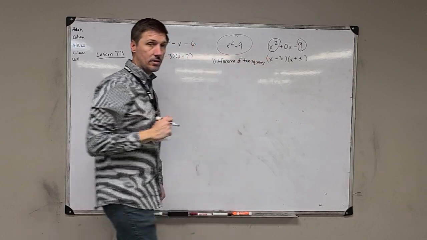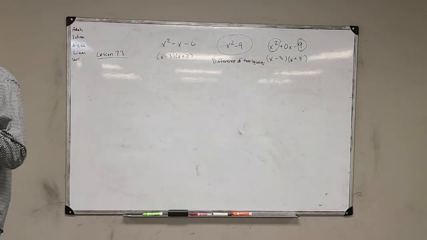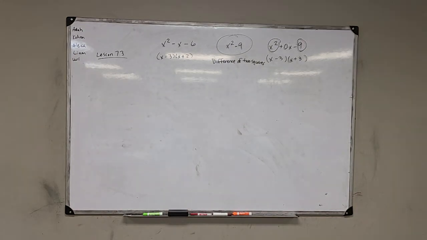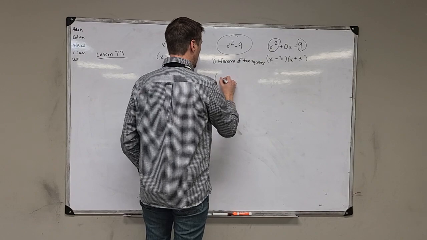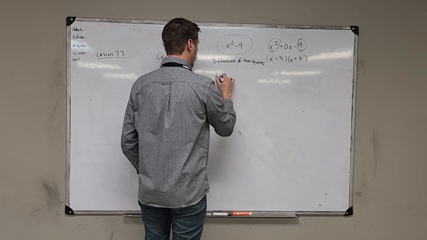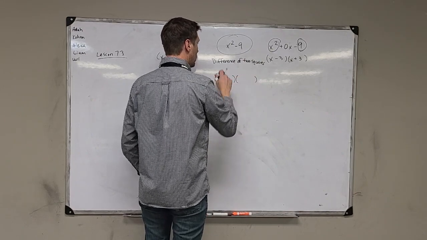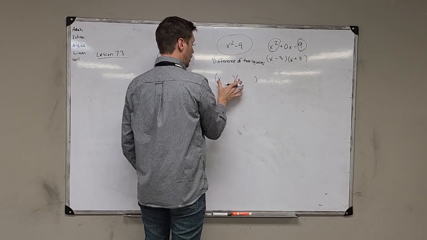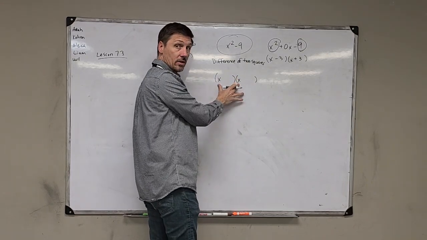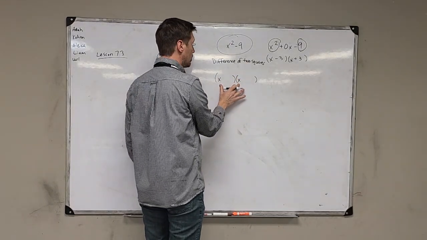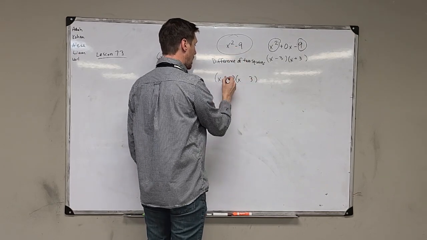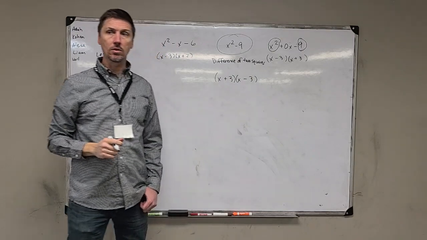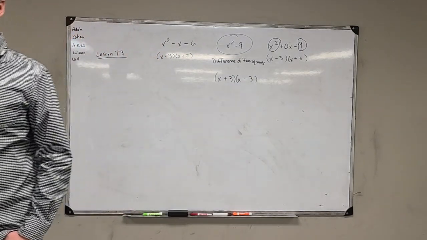And if you recognize that, difference is the subtraction part, right? If you recognize that it's the difference of two squares, then the answer will always be the square root of the first term. The square root of x squared is x. The square root of the second term, square root of 9, is 3. And then for your signs, you just put alternating signs in the middle. Pretty easy, right?